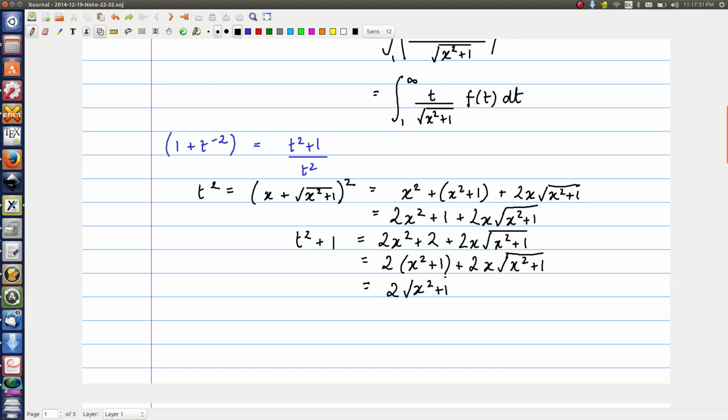On the left, we've got remaining root x squared plus 1, and on the right, we've got x. And at this point we see what we needed to see, which is that we see the term t appearing, and as desired it's multiplied only by the square root of x squared plus 1, which is exactly what we've got in our version of the integral up here.